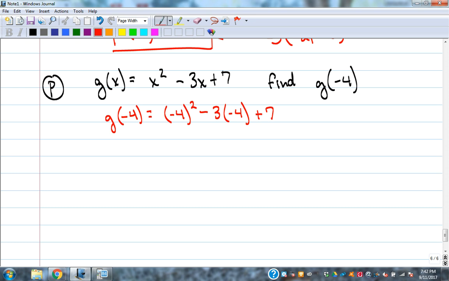You can still use that table trick with typing this into y equals, and then use the second graph to go to the table and use that to find the function value. I don't usually do that if I'm only asked to find one function value for the problem. If I were asked to take the same function and find several function values, then I use the table.